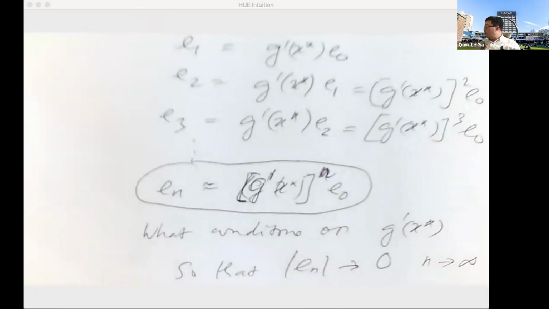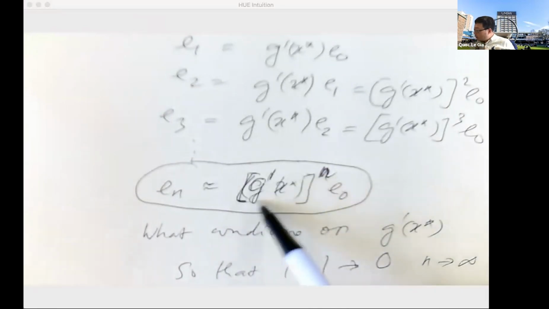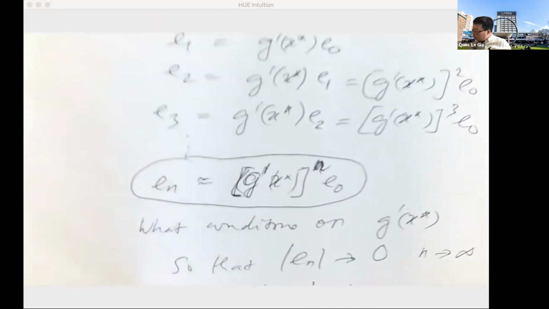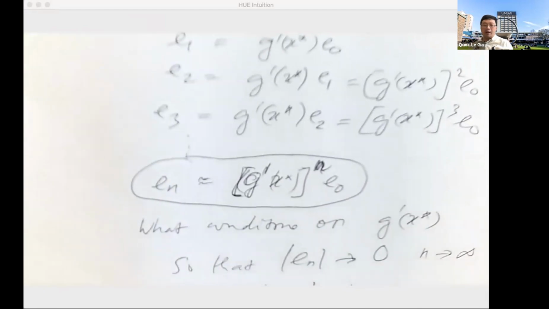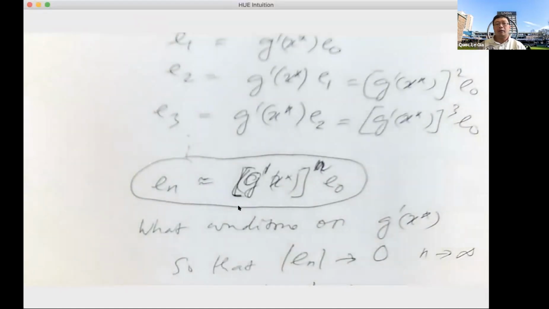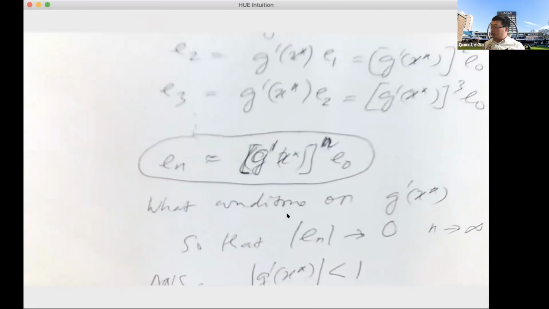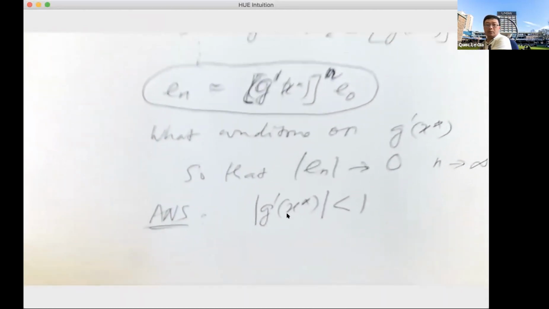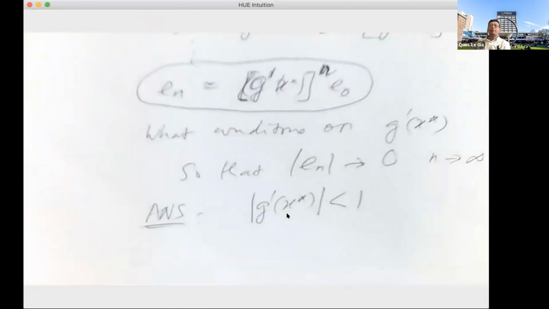We want this to be less than 1. So if g'(x*) is less than 1 in absolute value, then you see that e_n goes down to 0, right?